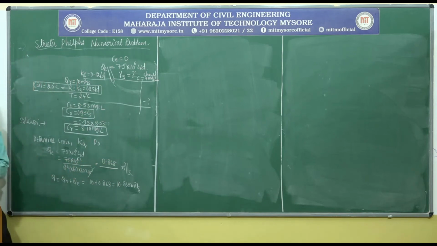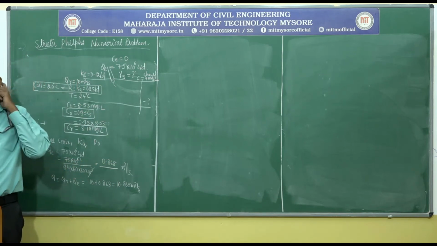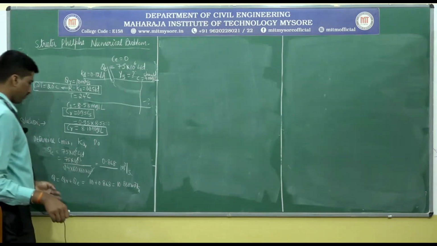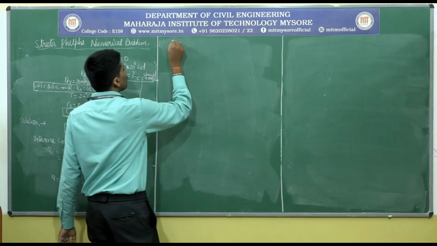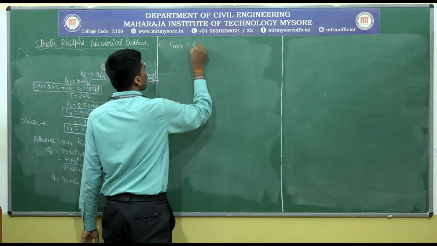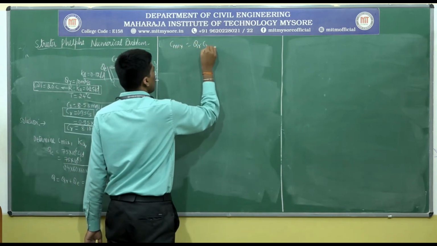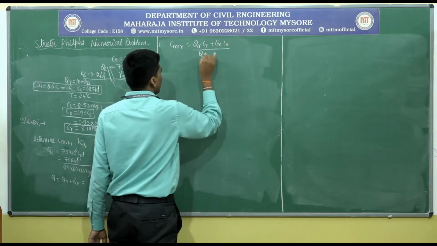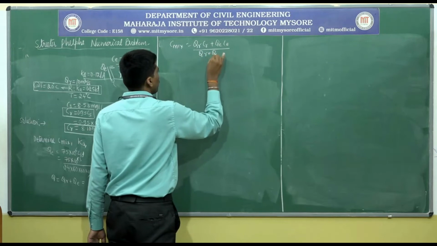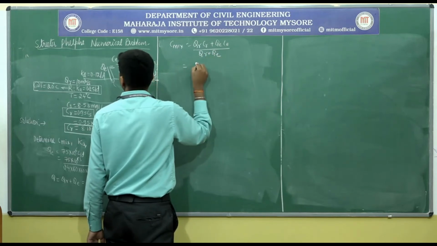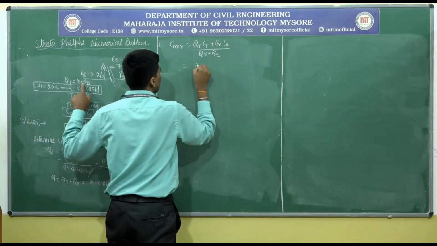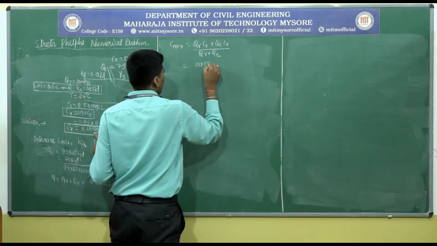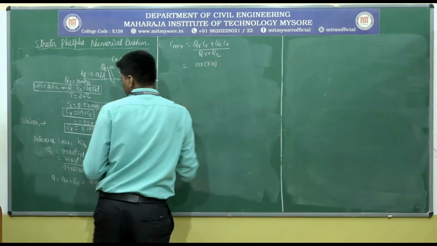Now, what else to be determined? I need to determine what is the C mix. Let us find out. So, C mix is equal to QRCR plus QECE divided by QR plus QE. QR is equal to 10 meter cube per second, and CR is 8.10 mg per liter.